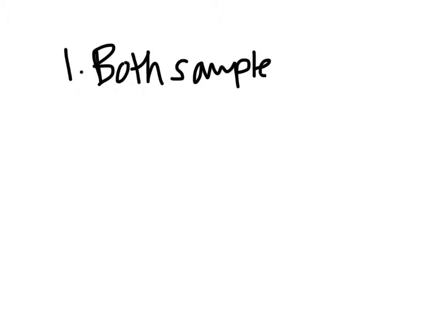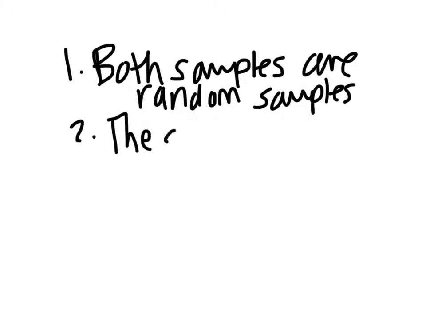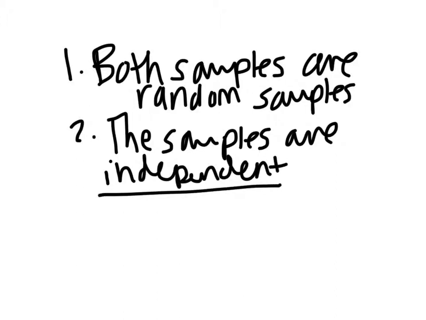The first is that both samples are random samples. Also, the samples must be independent. In other words, there are no relationships between the subjects of each sample.